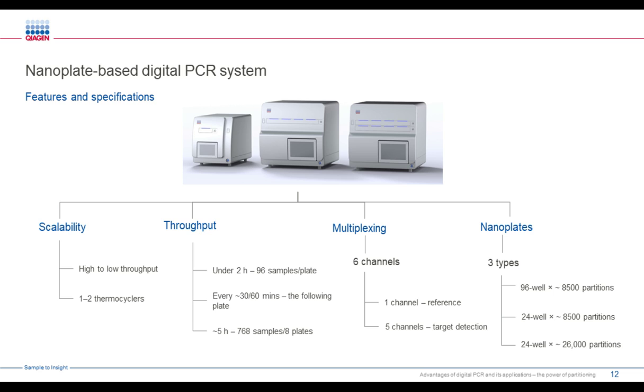Both our plates fit on all systems. The only difference between them is the throughput and nothing else. We run our first plate within 2 hours, and we can run up to all 4 plates within less than 6 hours. And this one, which has 2 PCR machines inside, can run all 8 within 6 hours.